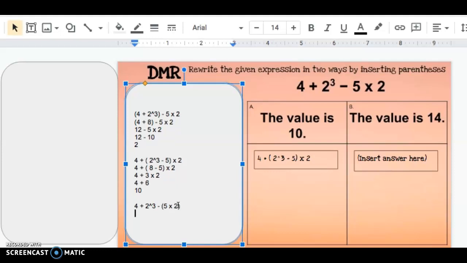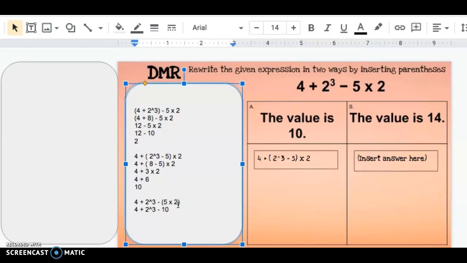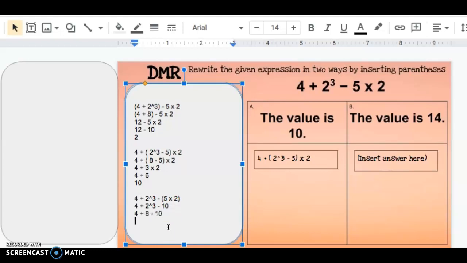PEMDAS, parentheses: I've got to do 5 times 2 first, so I type everything I have not touched, and 5 times 2 is 10. Then E for exponents: 2 to the third is 8. So I have 4 plus 8 minus 10.